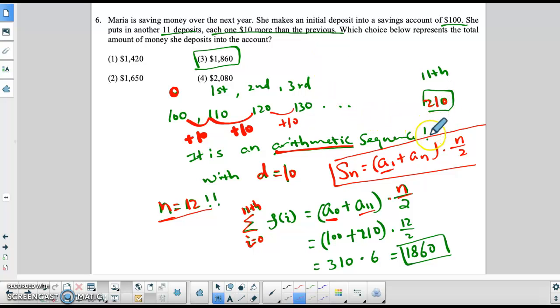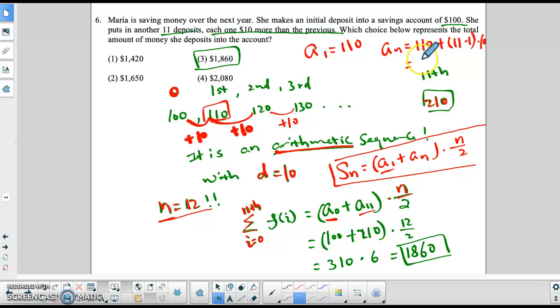Let me also show how to get this 210. This is A1, right? If A1 equals 110, then what will A11 be? 110 plus, because we're starting with this one, 11 minus 1 times the difference, which is 10.